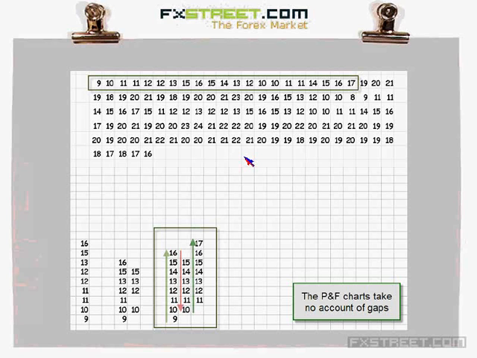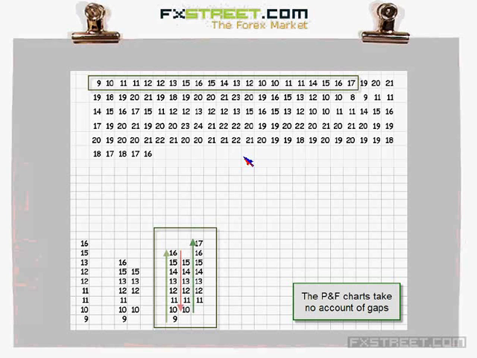In that way, if price reversed and went through that value, we could use the box to enter that value. So this is how this kind of charting went in its first evolutionary steps.